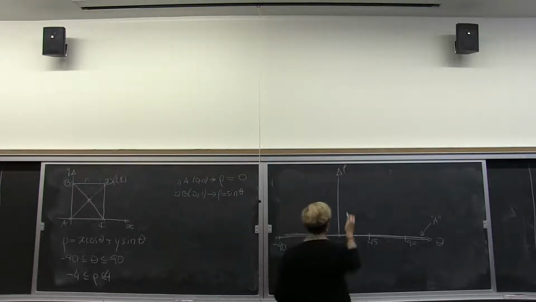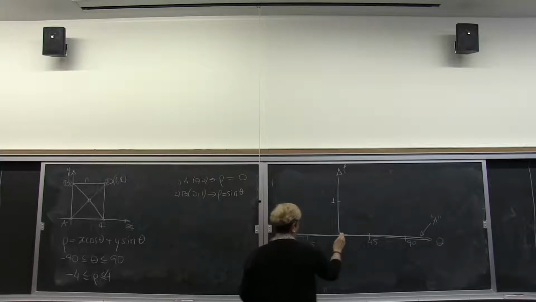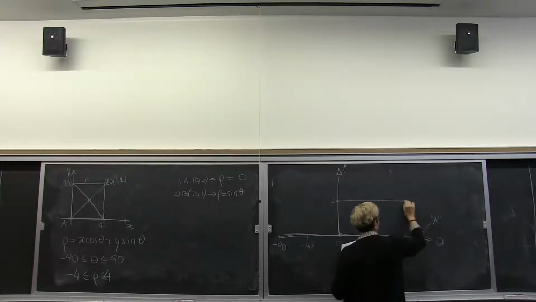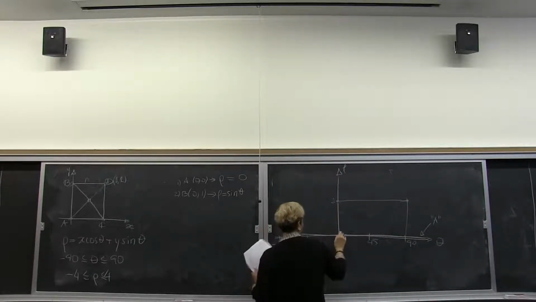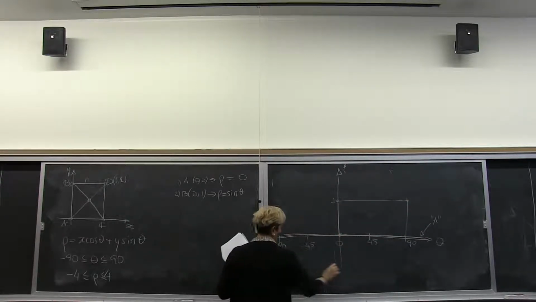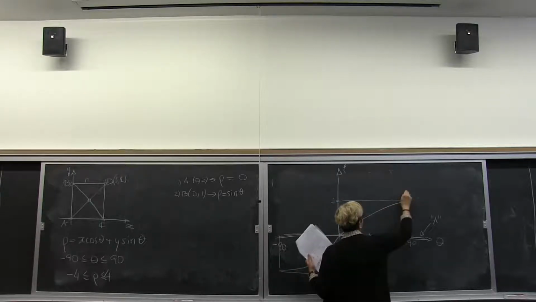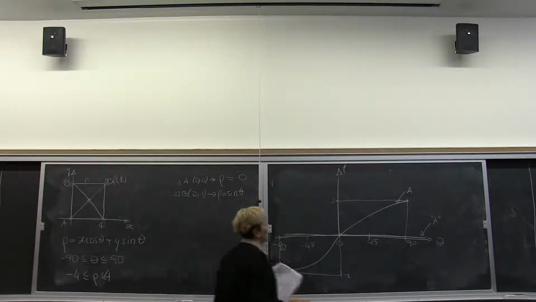Okay, so sine of 0 is, sorry, sine of 0 is 0. Let's go. One, so that's A. B.